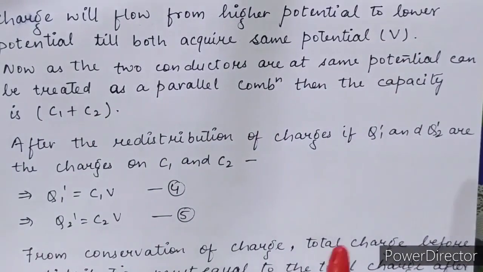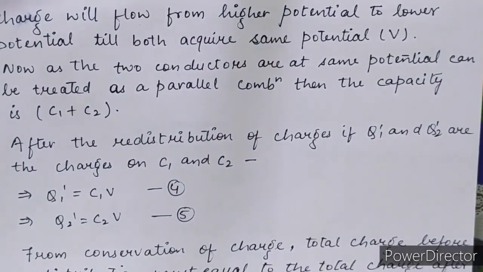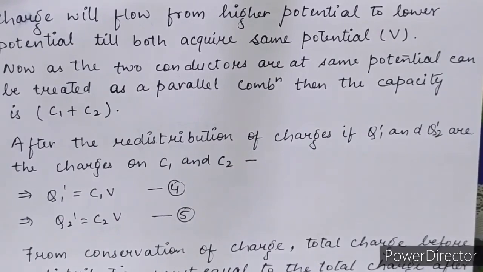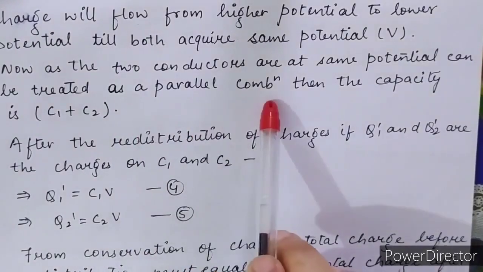Don't forget, as we know, in series combination the charge will remain the same, and in parallel combination the potential will remain the same. So when the conducting wire is connected between the two isolated spherical conductors, the potential will become the same, common. So this will be treated as a parallel combination.